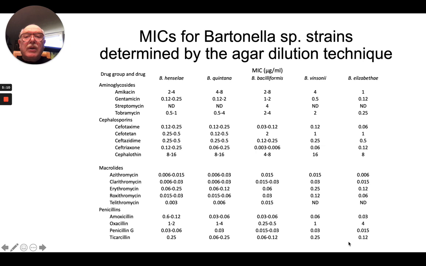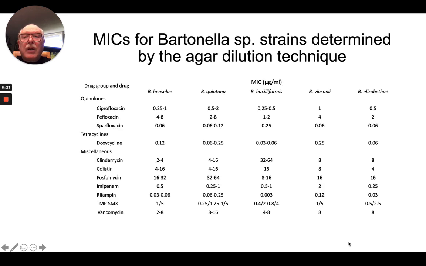As you can see, macrolides are very active against Bartonella species, as well as aminoglycosides, cephalosporins, and penicillin. This is the second part of the same table, which shows that quinolones, tetracycline, and various other antibiotics can be used. Special attention should be focused on rifampin, which is a part of standard therapy for chronic Bartonellosis.